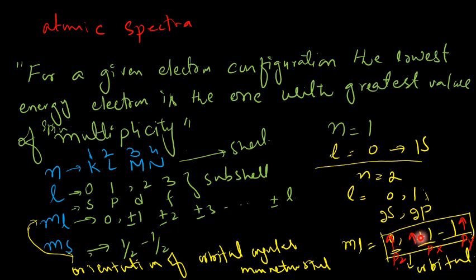This rule was discovered by Friedrich Hund in 1925, so that's why it is called Hund's rule. Now we are going to explain multiplicity, that is, the multiplicity of states.